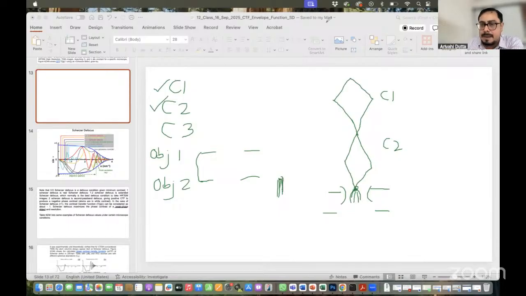Another way to make the beam parallel is something like that. You have a first crossover point here. This is the first crossover point. Then with your C1 lens current and your C2 lens current, you make it in such a way that your entire beam will go in this fashion.